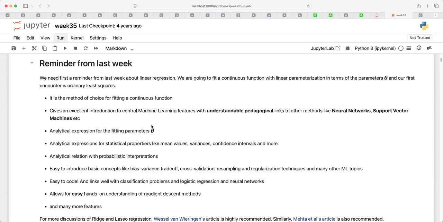So linear regression has many, many benefits, especially from a pedagogical point of view. And that's why you will see it in essentially all machine learning texts, even though nobody uses it in deep learning methods.